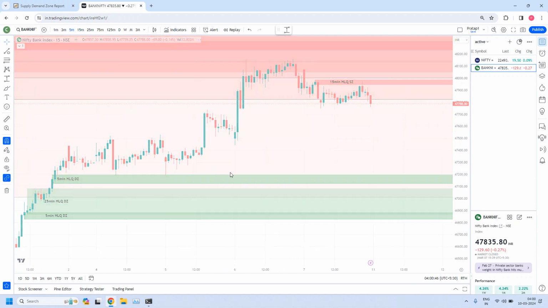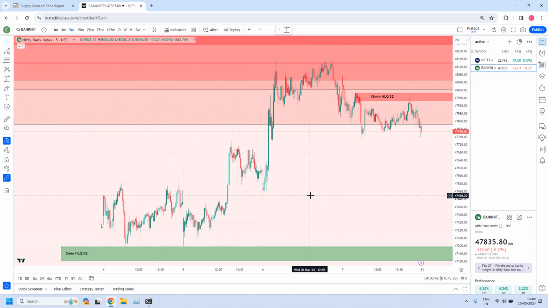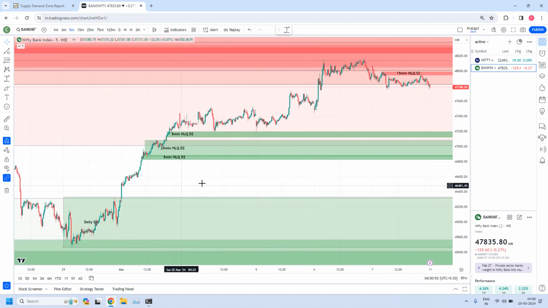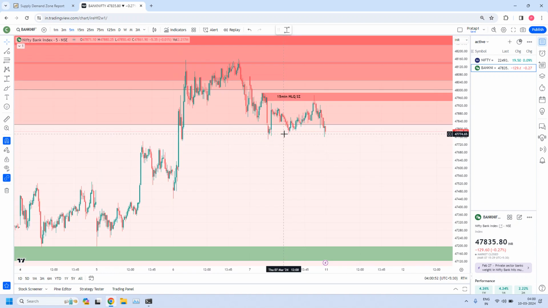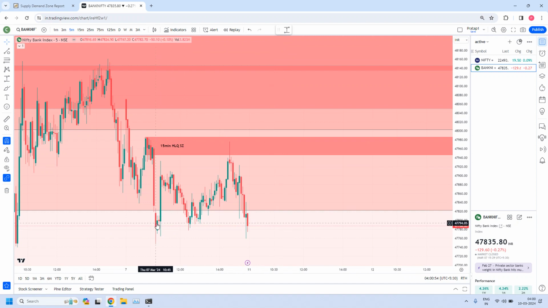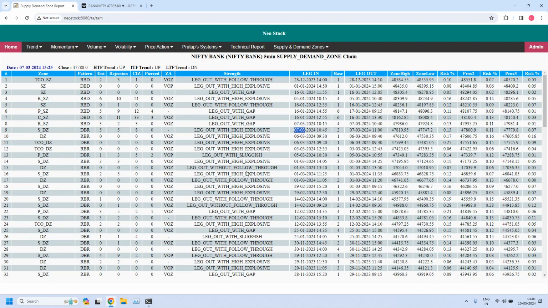So let me go to 5 minutes. This is the one, 7/3, 10:45. Two base candles.